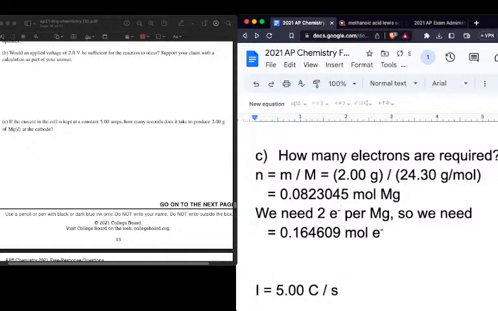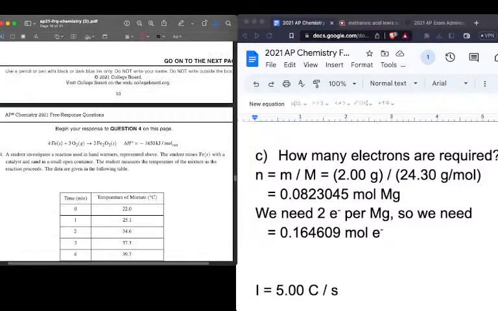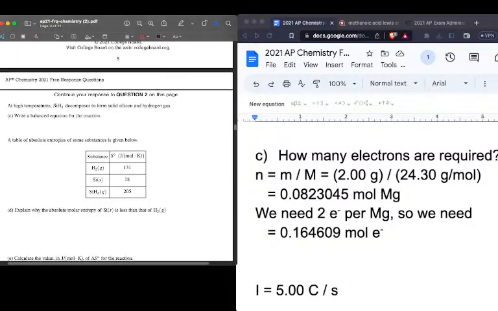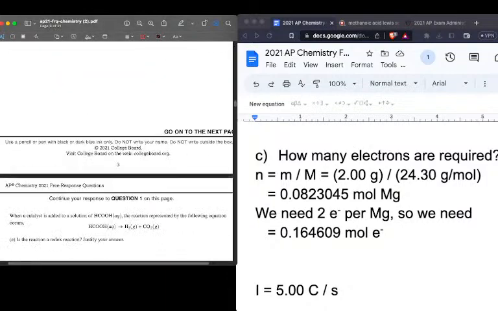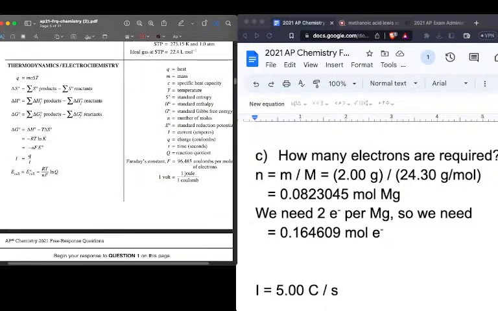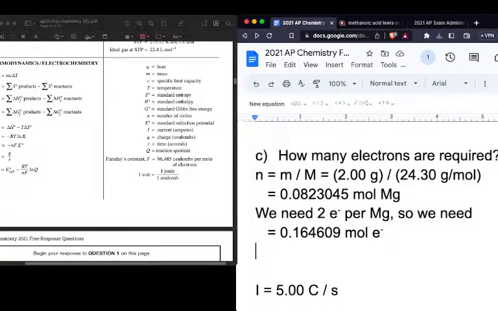And this is where I'm going to kind of lean on the AP's given information, because I know there's a thing in here about the charge on electrons. Faraday's constant, 96,485 coulombs per mole of electrons. And I already have the moles of electrons here.